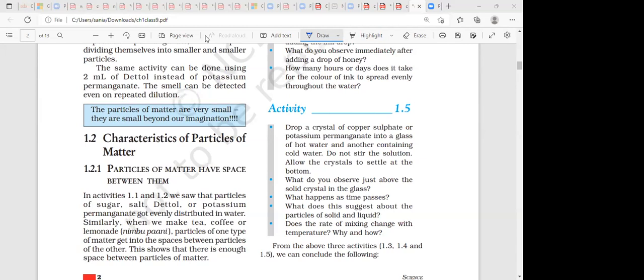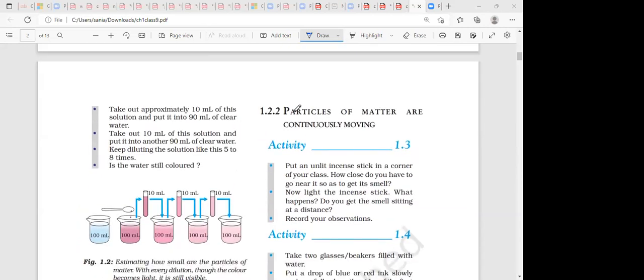Okay. Done the first one? Yes, ma'am. Done. Second, particles of matter are continuously moving.